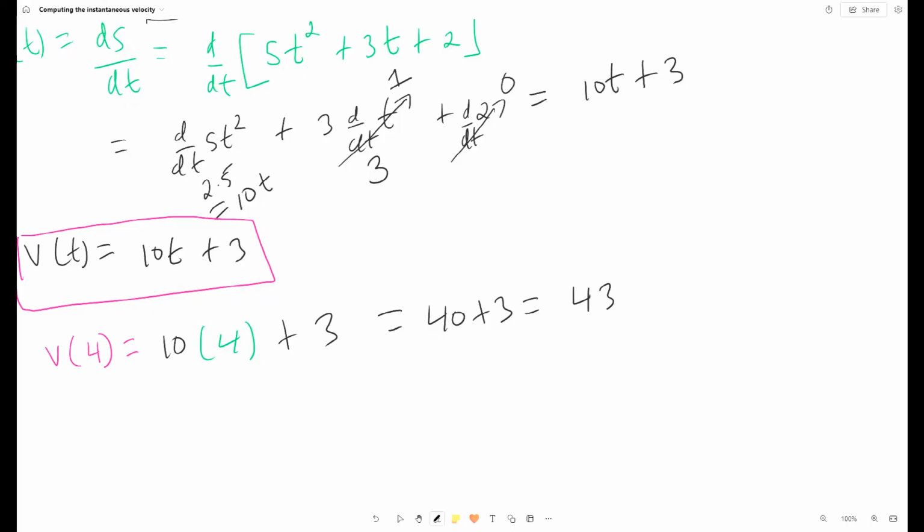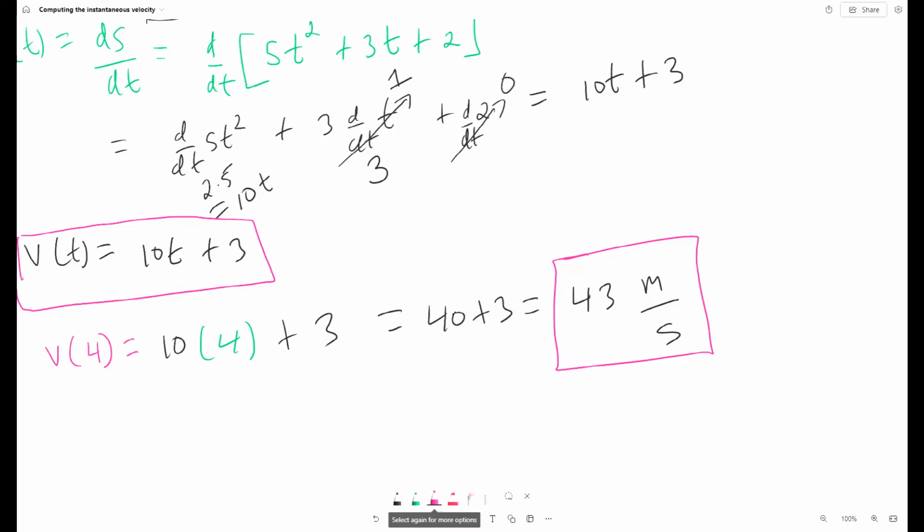That means that our answer has to be in meters per second. So our instantaneous velocity is 43 meters per second.